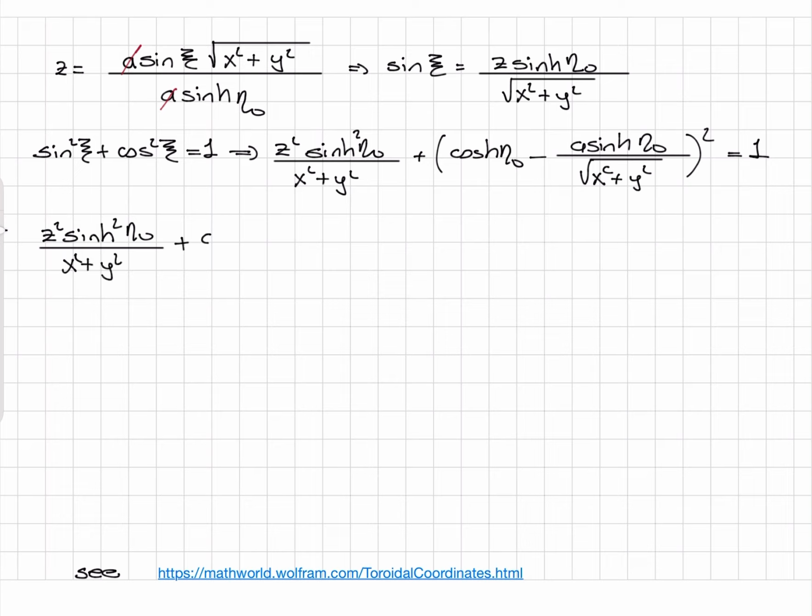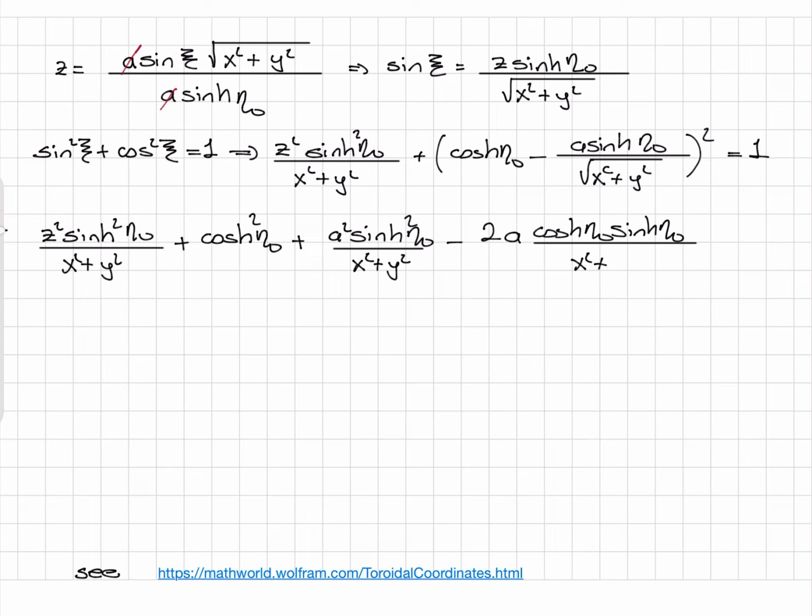Now I have cosh squared eta 0. Then I have a squared sinh squared eta 0 divided by x squared plus y squared. Then I have minus 2a cosh eta 0 sinh eta 0 divided by square root of x squared plus y squared. This is equal to 1, and I'm going to multiply this equation with x squared plus y squared.